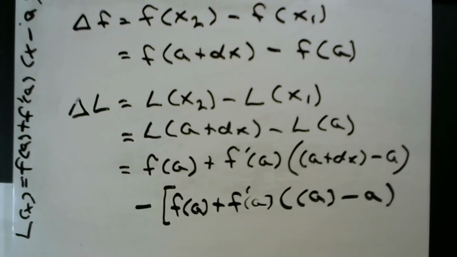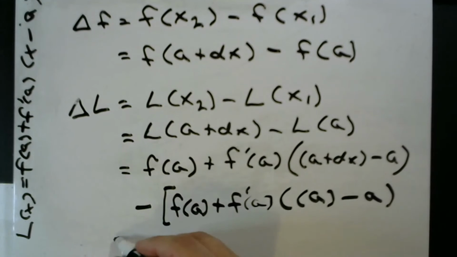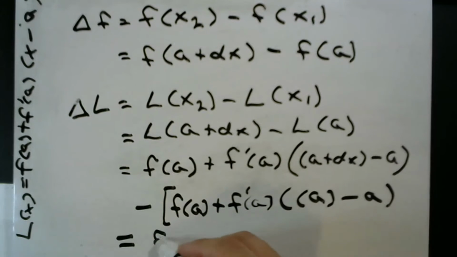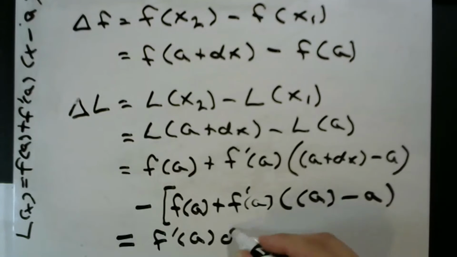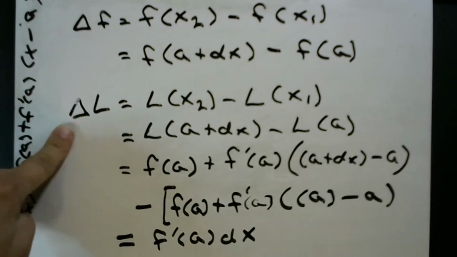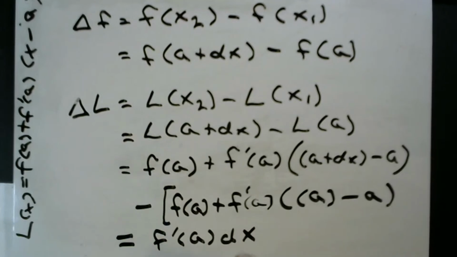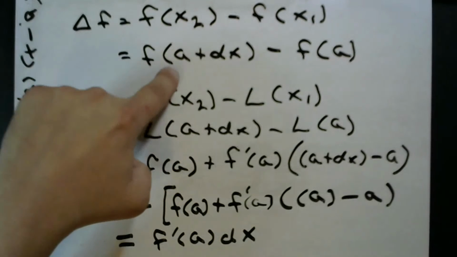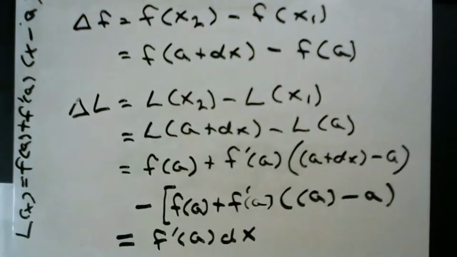And if we simplify this down, what we're going to get, and this might seem a bit surprising, is f prime of a dx. So delta L is f prime of a dx, while delta F is f of a plus dx minus f of a.